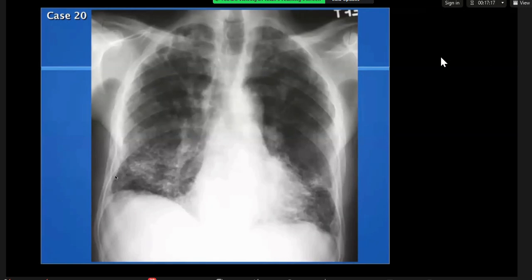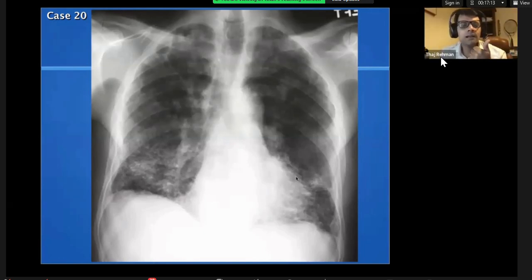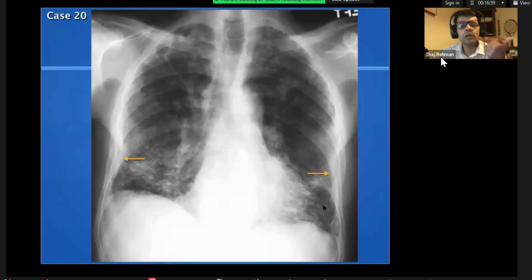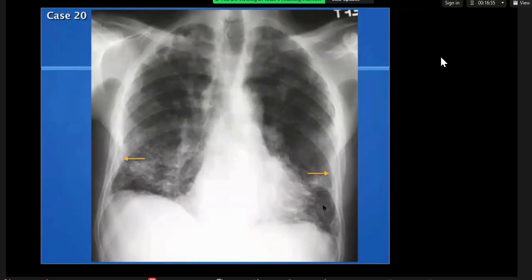Yeah. Very good. Remember that pleural plaques start as soft tissue density thickening, and only eventually calcify. So pleural plaques can be non-calcified as well. So there is a little bit of pleural thickening, which you correctly identified. So with pleural thickening and basal reticulonodular opacities, your diagnosis is?